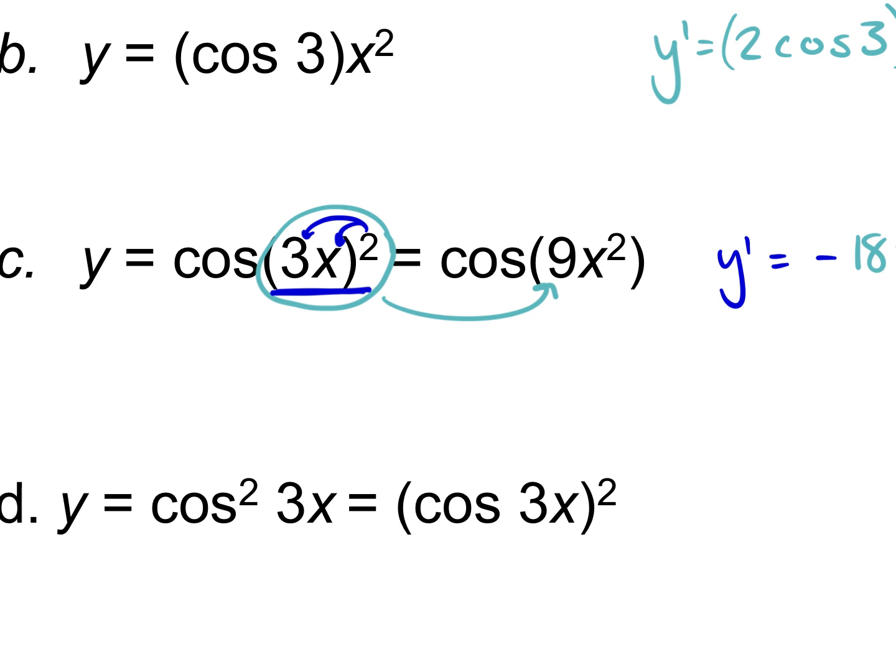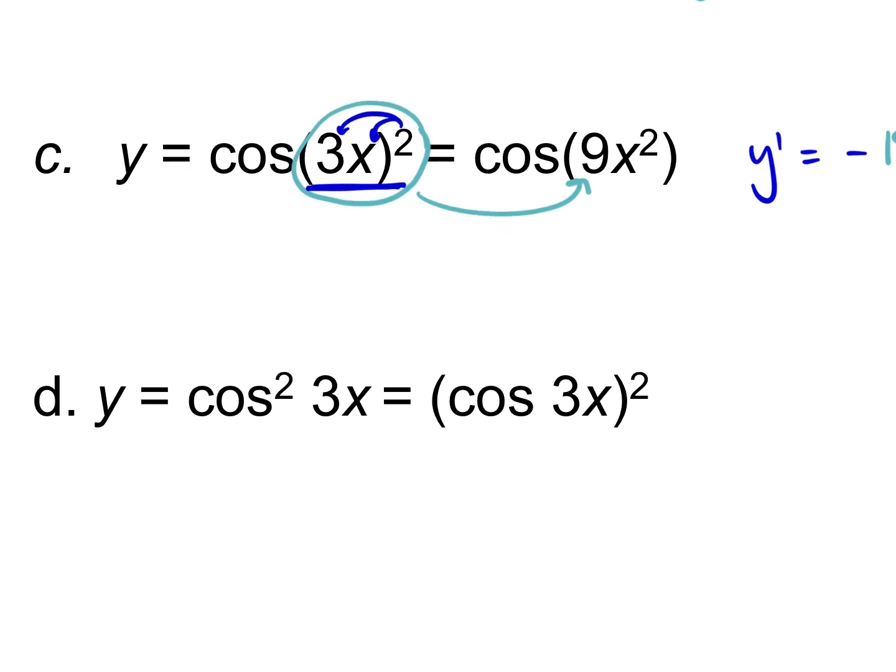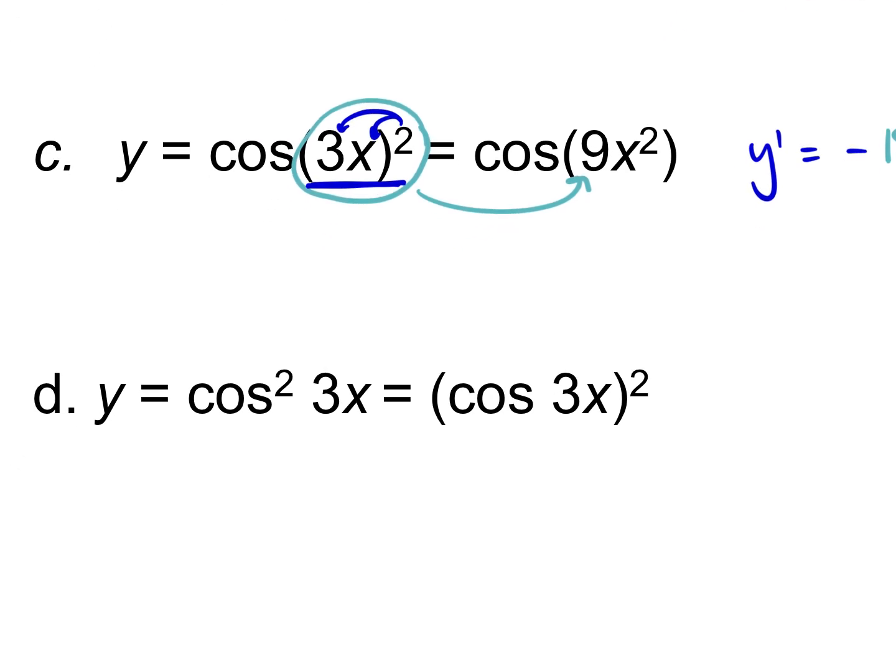So for D, the cosine's being squared. So we have cosine squared of 3x. You'll usually see it written like this, where the squared is on the cosine. I think it's easier to kind of see it this way, where it's the cosine of 3x squared.